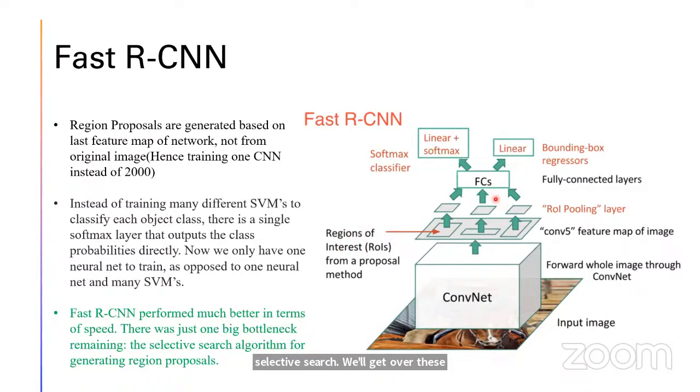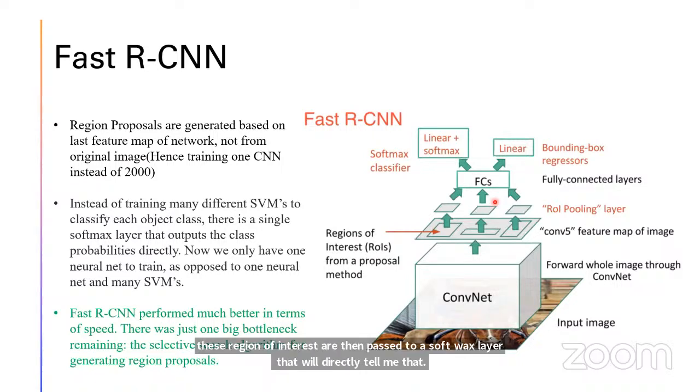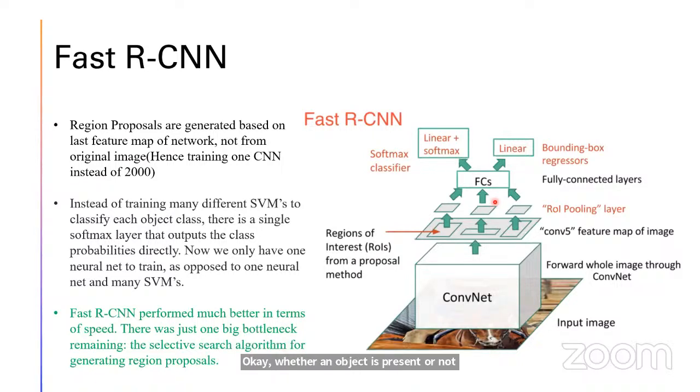These regions of interest are then passed to a softmax layer that will directly tell me whether an object is present or not, or what is the class of that particular object. And again, your bounding box regressors are present there for doing their job. So this helped in increasing the speed.